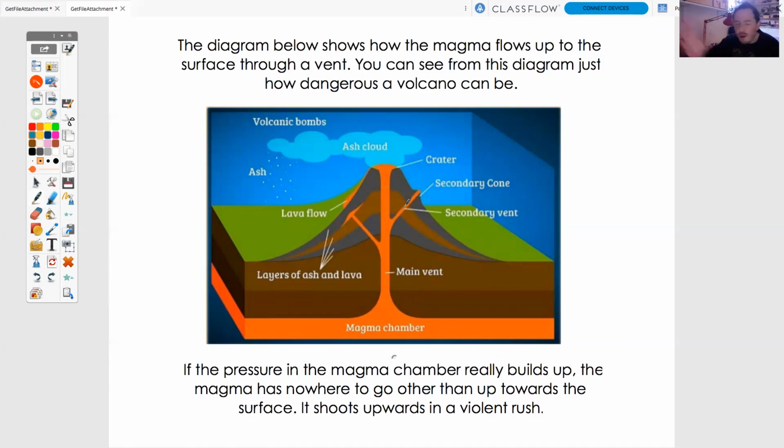So it's all about those pathways out of the Earth's crust. And then shooting out at the top, or the secondary vent there as well. There might be loads of vents depending on the type of volcano. And it all shoots out in this eruption.